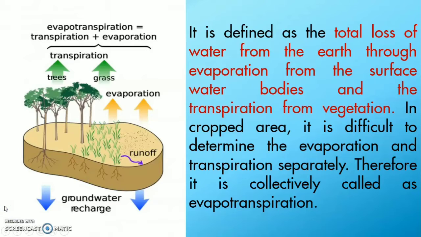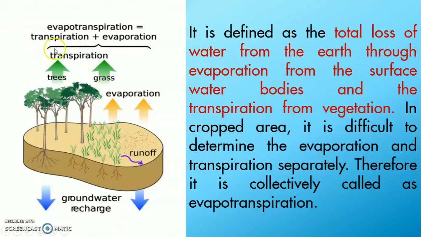So, children, we can define evapotranspiration like this. It is the total loss of water from the earth through evaporation from the surface water bodies and the transpiration from vegetation. Children, in cropped area, it is very difficult to determine the evaporation and transpiration separately.